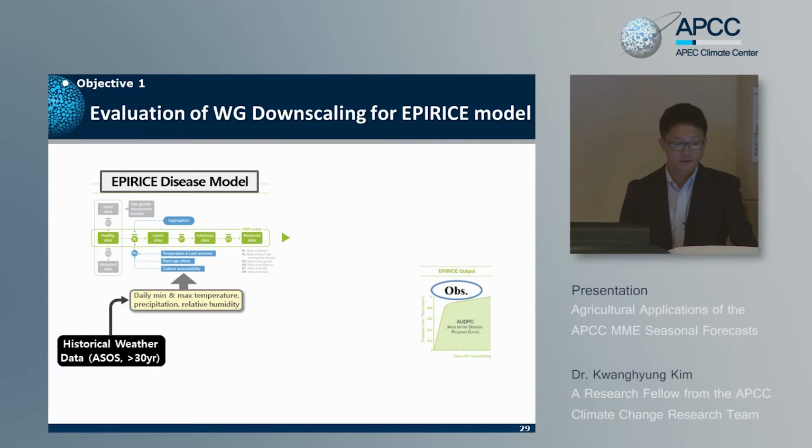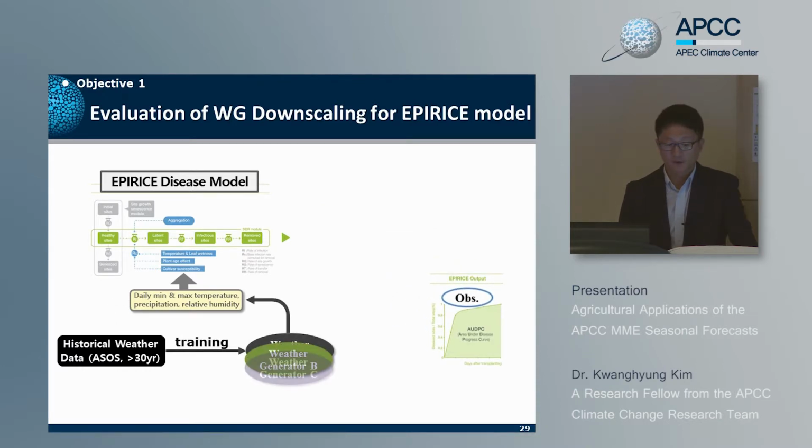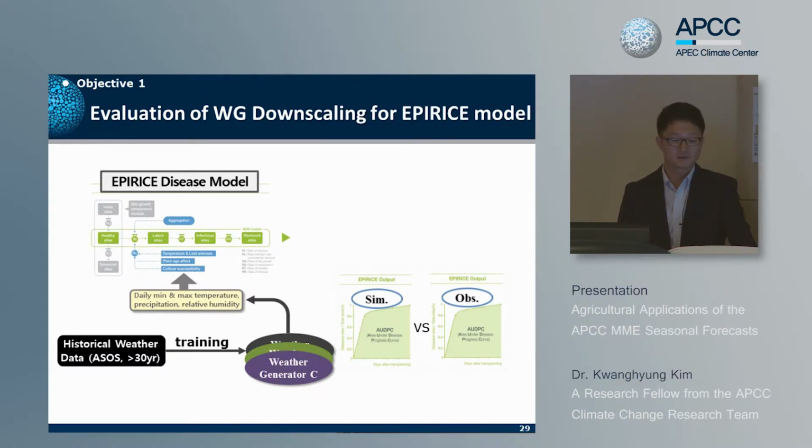For comparison, we trained each weather generator to be parameterized based on each specific station's weather record. And from this trained weather generator, you generate simulated weather data, which were used for the EPIRICE run to get simulated disease risk scores like this. So basically, you compare observed risk and simulated risk to evaluate each weather generator's performance.